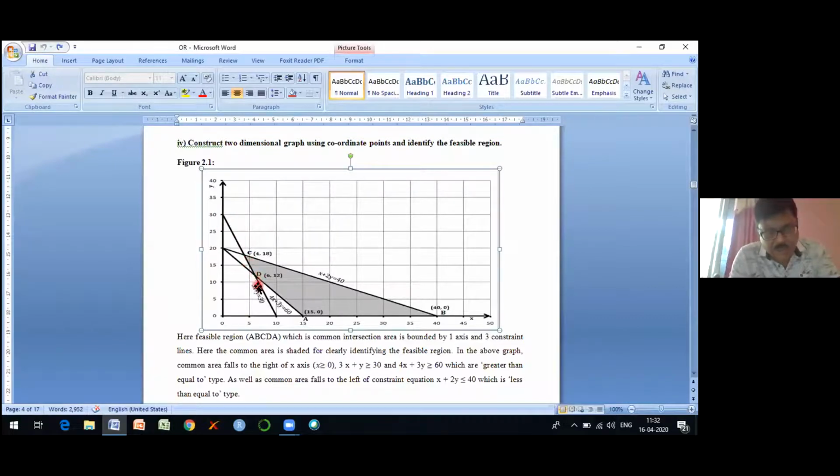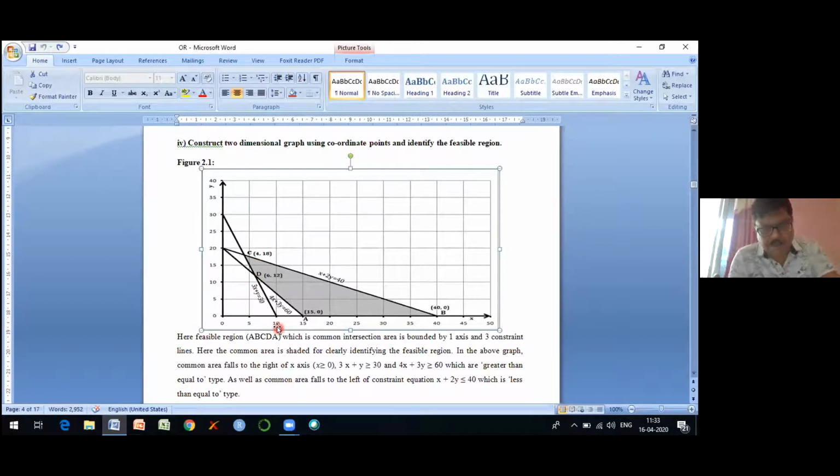Just draw it. Another straight line, this one, this straight line. So suppose the name is given CD. Here it is C, and here you write suppose M, because D is already given, M.